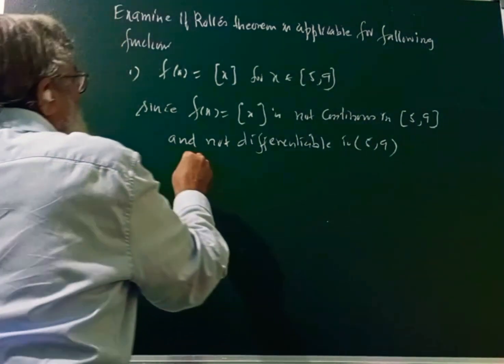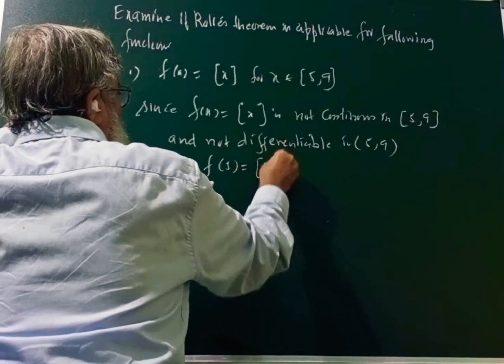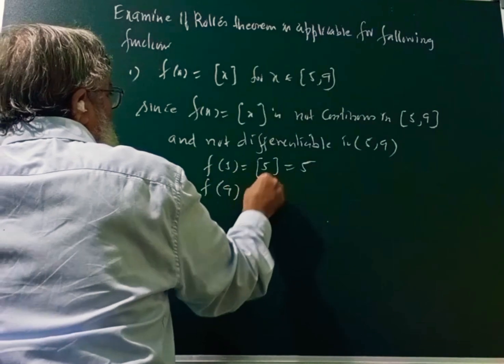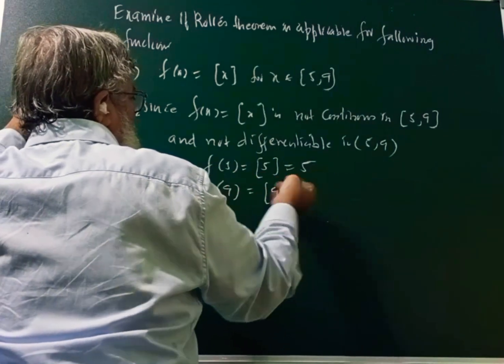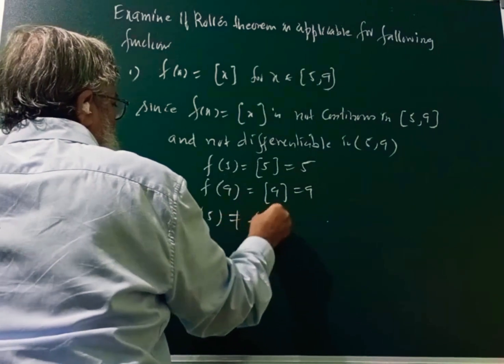And moreover, f(5) is equal to [5], which is nothing but 5 only. f(9) is equal to [9], which is 9 only. They are not equal. f(5) is not equal to f(9).